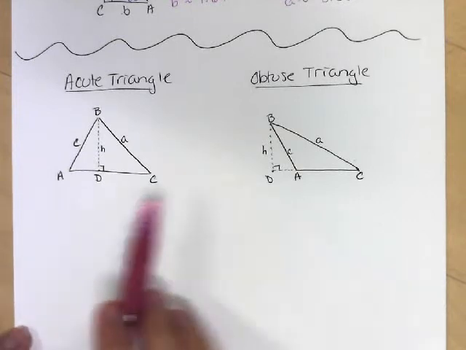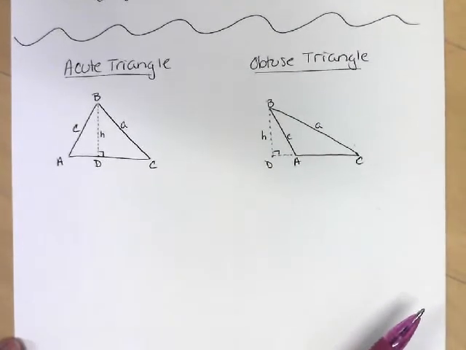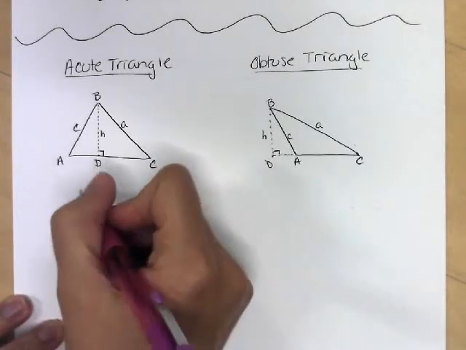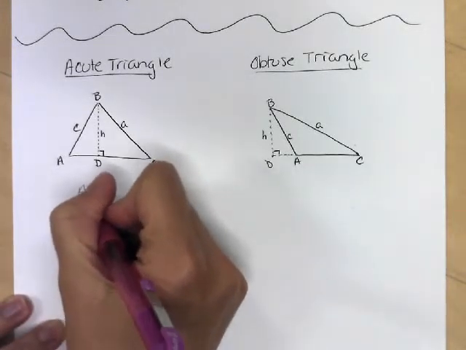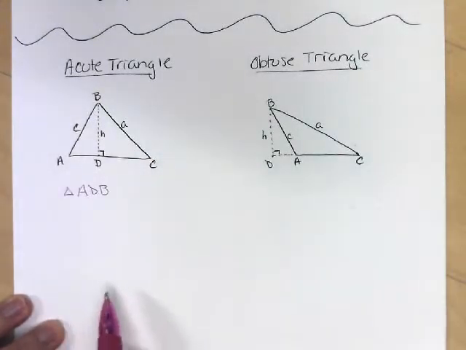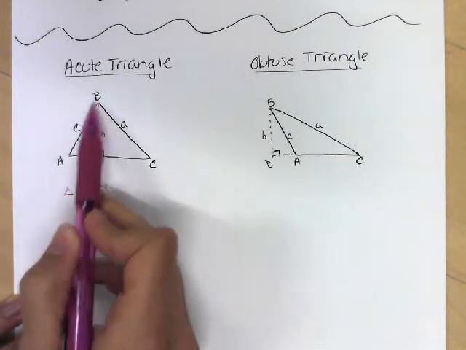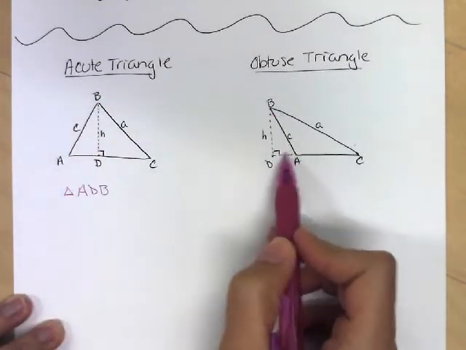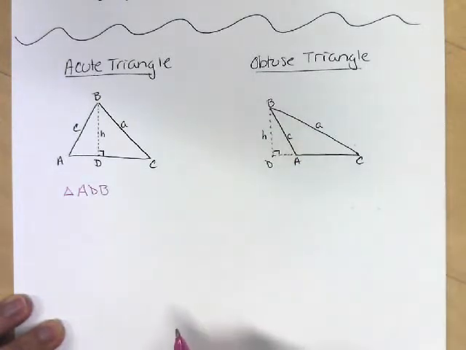I'm going to ask you to focus on different parts of these triangles, and this is going to help us derive the law of sines. So let's begin by looking at triangle ADB in both triangles. ADB, this triangle right here, and over here ADB, this triangle right here.